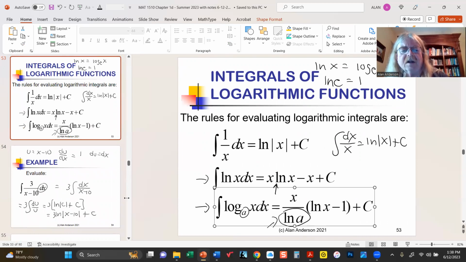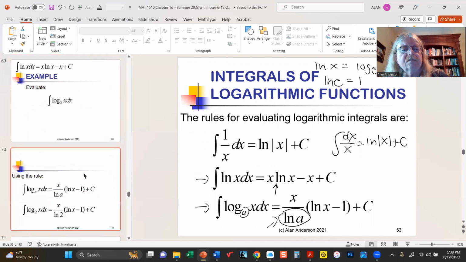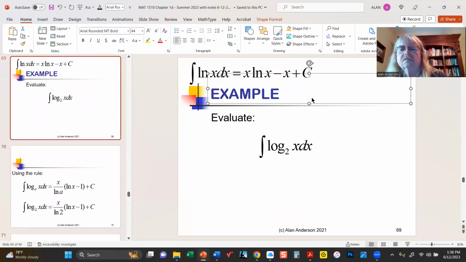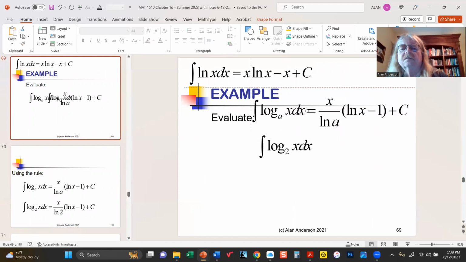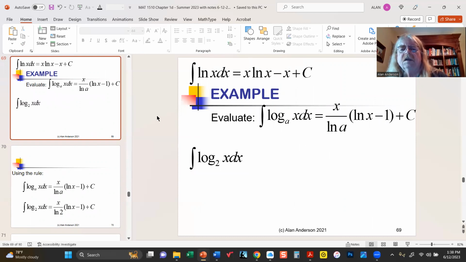You'll have it memorized, whether you realize it or not. So basically, you can see that a is equal to 2.